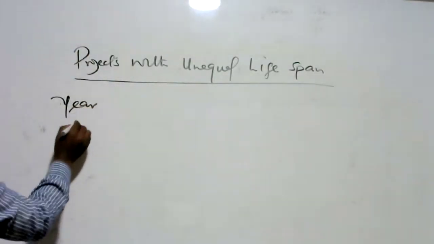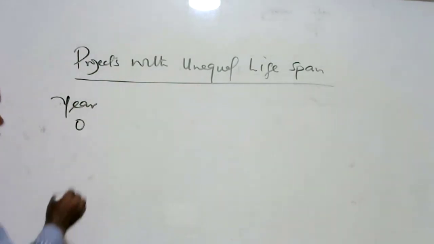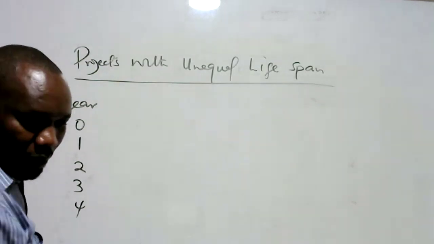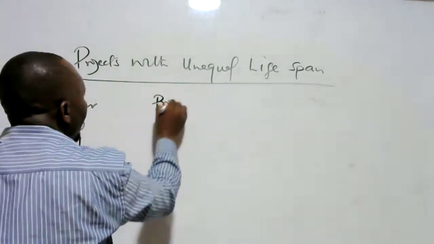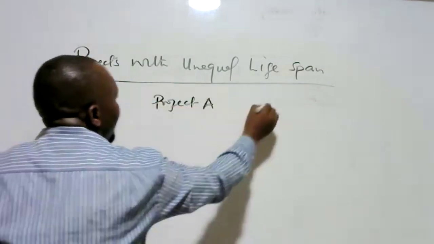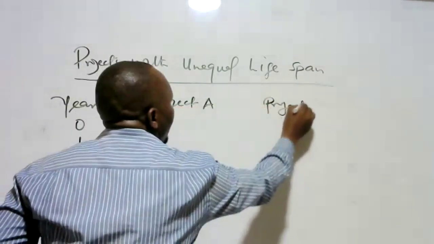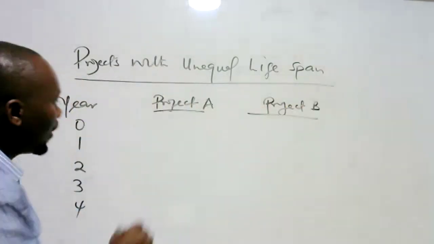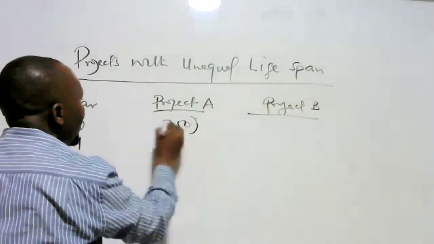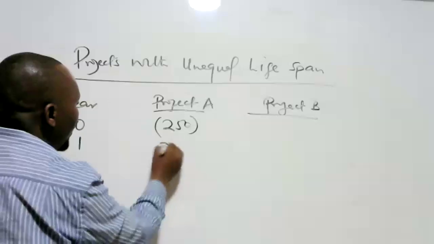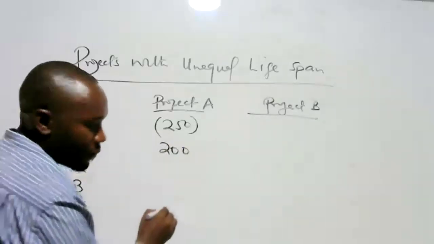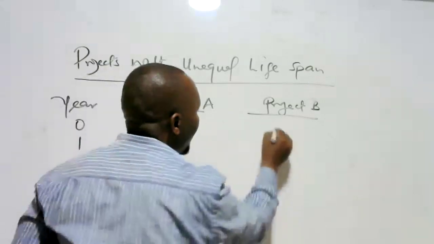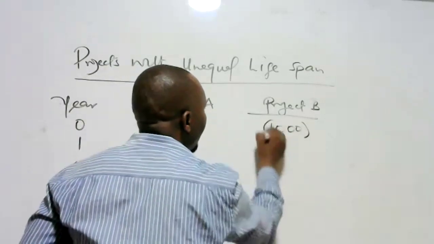So let's say that we have year 0, then year 1, 2, 3, 4. And then we have project A and project B. Project A is 250. Project B, initial outlay is 1,000.